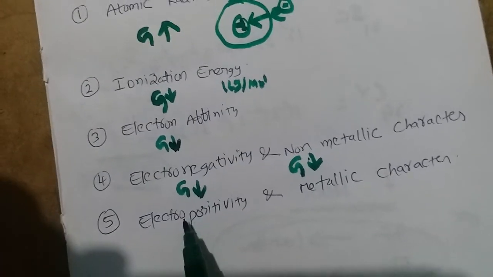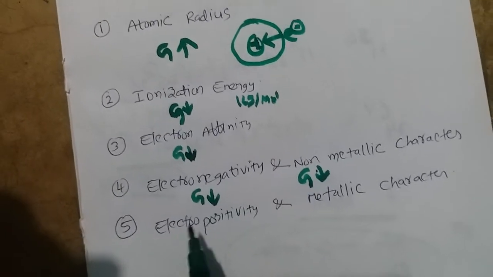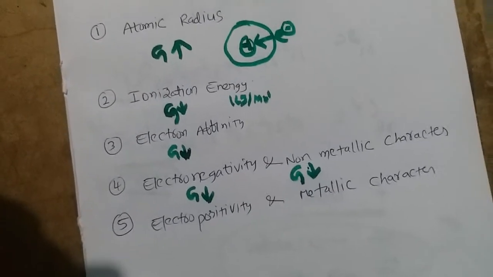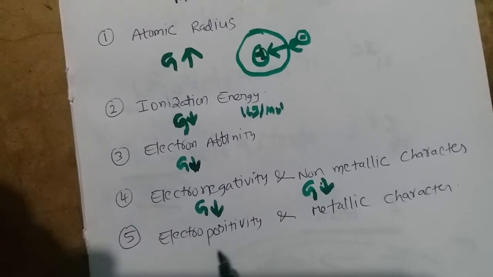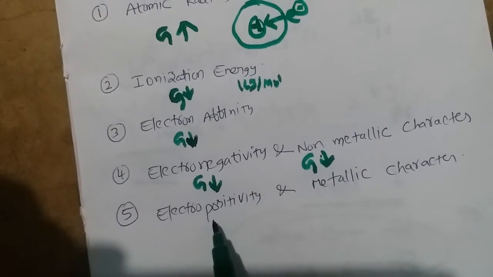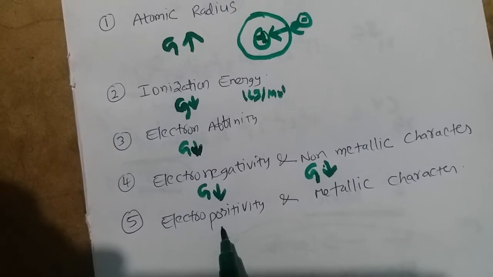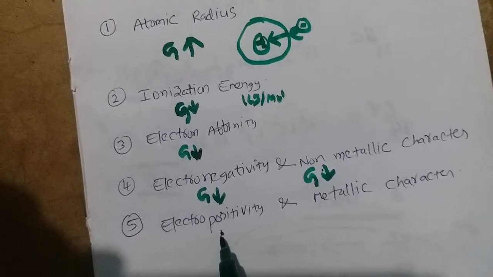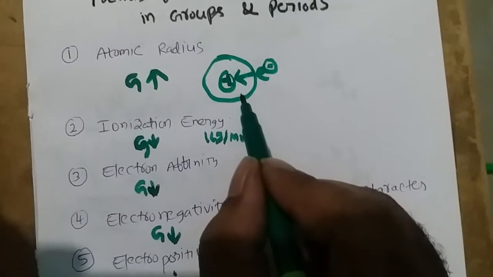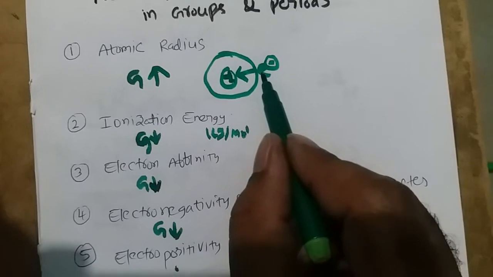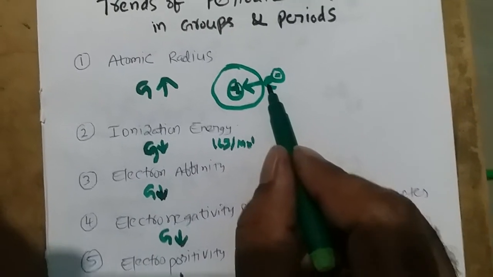Electropositivity is the opposite property to electronegativity. The losing ability of electrons by an element is called electropositivity. Electropositivity will be increased. Why? Because as the size increases from top to bottom in a group, the nuclear attraction force over the valence electrons decreases.